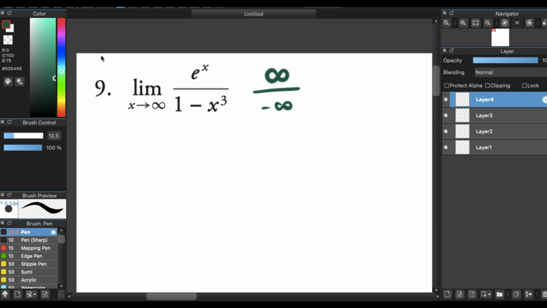Let's take a look at the numerator and the denominator, right? Let's take a look at the denominator. We've got e to the power of x, right?